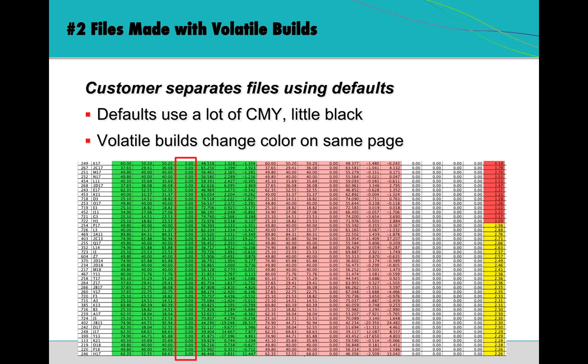Now let's move on and talk about volatile color builds, meaning builds that are not very intelligent going out to an output device. What you're seeing on the screen right now is a comparison between two IT8s on the same page of a Hewlett-Packard 10,000 Indigo press.